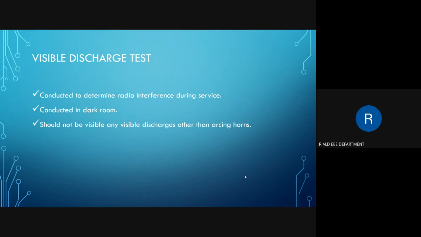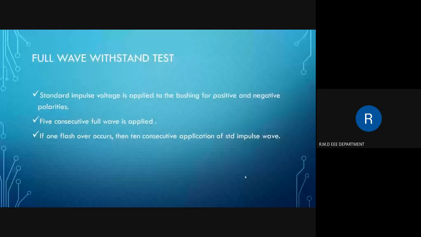Out of 5 consecutive applications of the standard impulse wave, the bushing is said to have failed if two flashovers take place. If one flashover occurs, then 10 consecutive applications of the standard impulse wave are made, and the bushing is said to have passed if no flashover takes place.